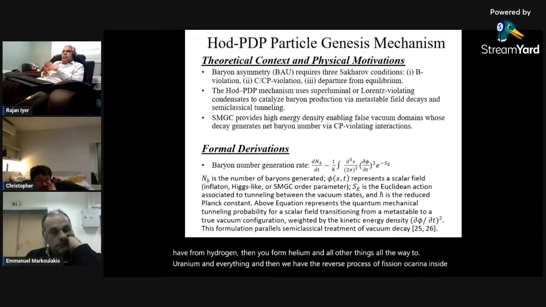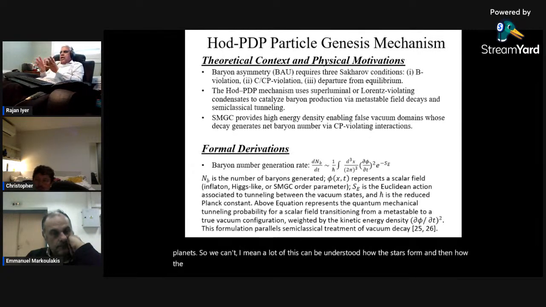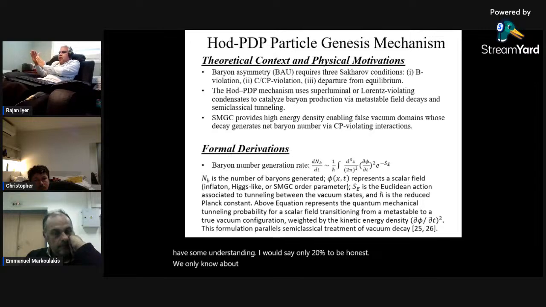So a lot of this can be understood, how the stars form and then how the planets form from there. There are still a lot of questions exactly how they form, but I think we have some understanding. I would say only 20%, to be honest. We only know about 20% after we figure out about protons and the stars.